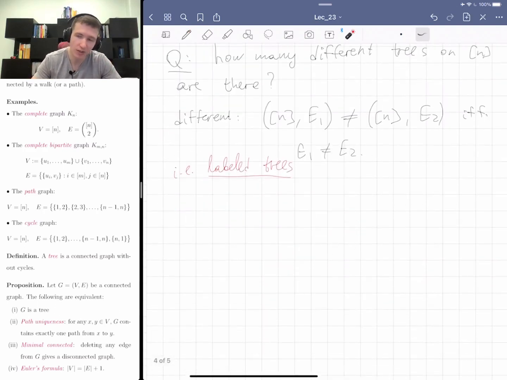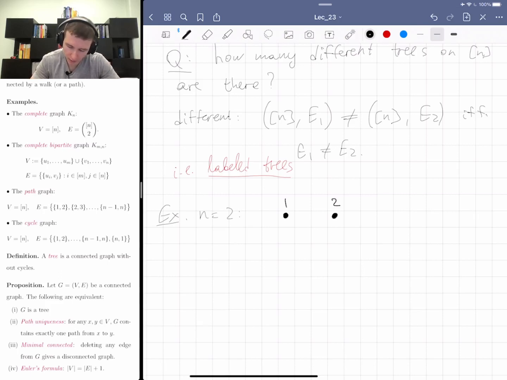So let's try to count. I have 3 minutes left. So let's say n is equal to 2. If n is equal to 2, there is only one tree: 1 and 2. It's labeled, but still there is only one tree, which looks like this. So one tree.